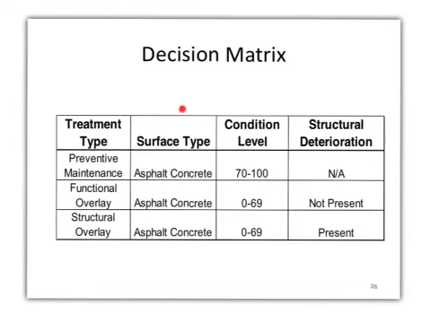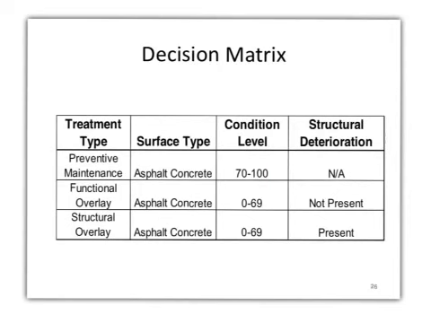And we need to understand the surface type. Surface type here, for all of them, we are giving an example of asphalt concrete. And then we need to connect it to the condition level. So preventive maintenance, for this case, happened to be if the PCI or the pavement condition is somewhere between 70 and 100.